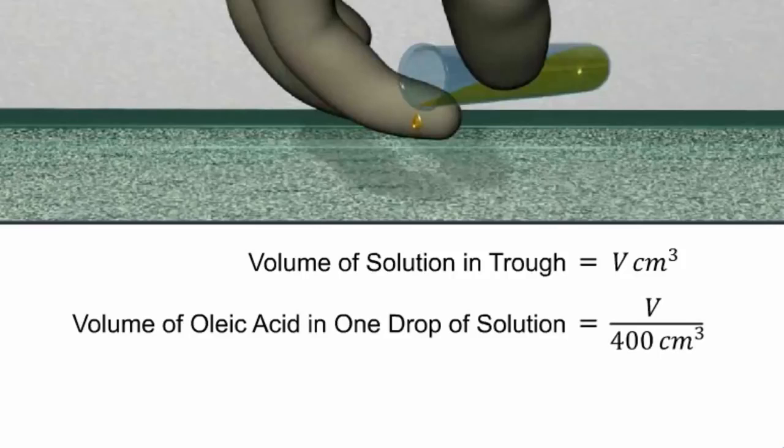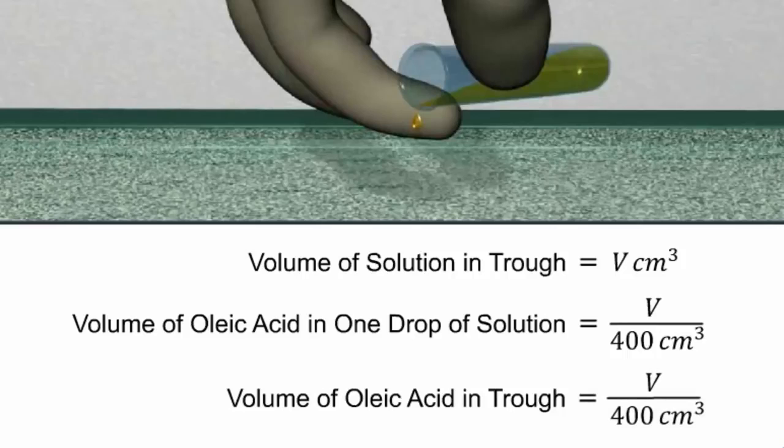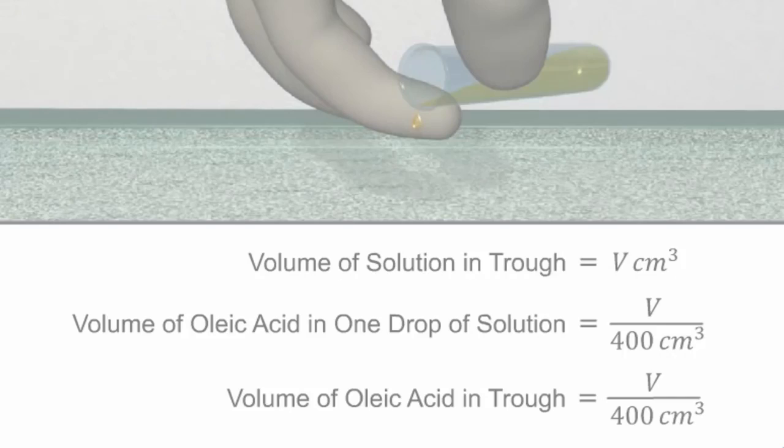Since only 1 drop of solution is put in the water, the volume of oleic acid in the thin film is equal to the volume of the drop, that is, V/400 centimeter cube.